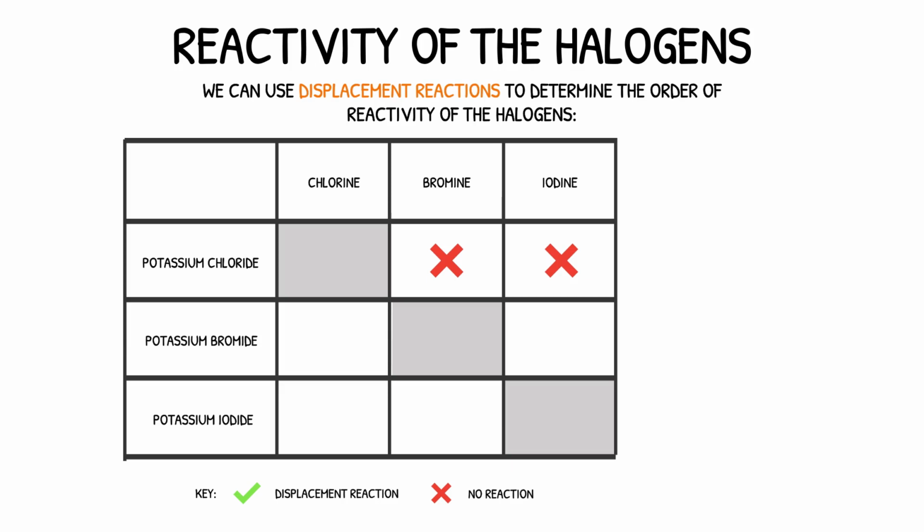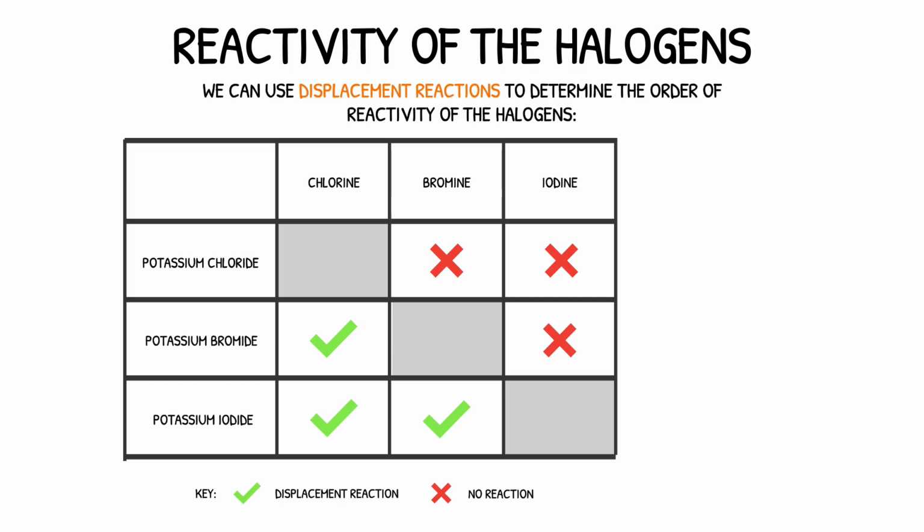When chlorine and iodine are reacted with potassium bromide solution, a displacement reaction only occurs with chlorine, indicating that bromine is more reactive than iodine, but less reactive than chlorine. And when chlorine and bromine are reacted with potassium iodide solution, the iodine is displaced by both chlorine and bromine, indicating that iodine is less reactive than both.